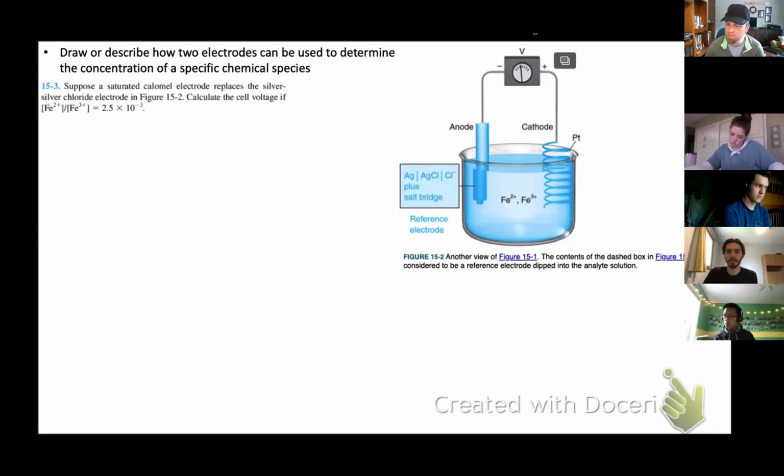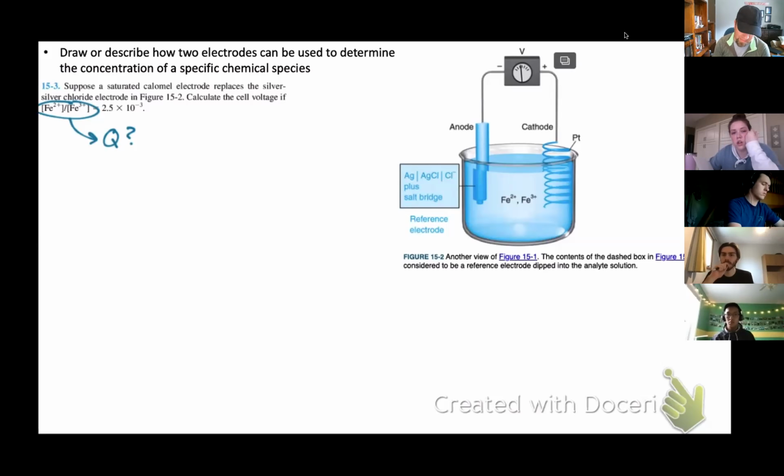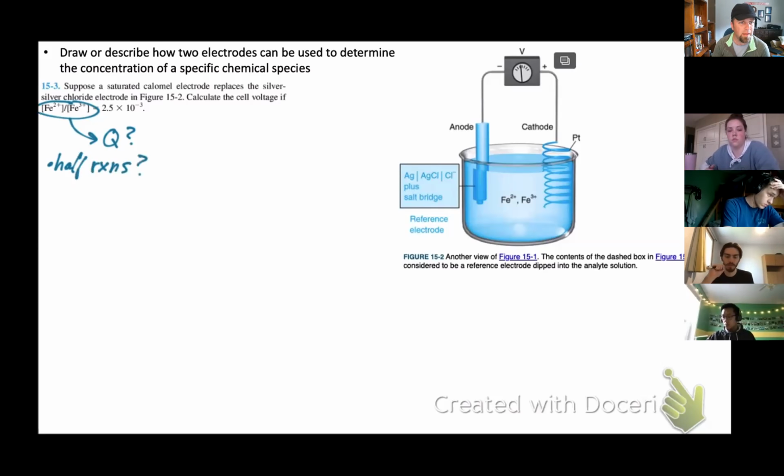Any initial thoughts? Should we write the half reactions? Yeah, so we could try to write some half reactions. Okay, so let's try to figure out what those are.